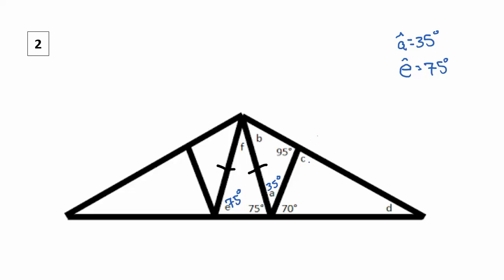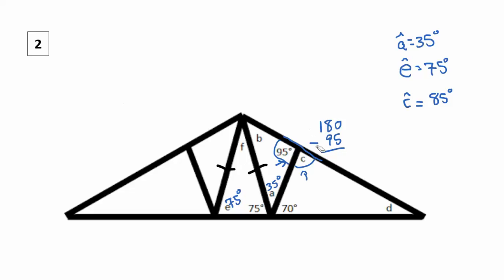Okay, looking at our third angle C over here, again we've got two angles lying next to each other. We've got this angle there and this angle there, which are supplementary. 95 plus C must give me 180. If I subtract 95 from 180 to get angle C, I will end up with a total, and I'm just going to write it here to save time, of 85 degrees.